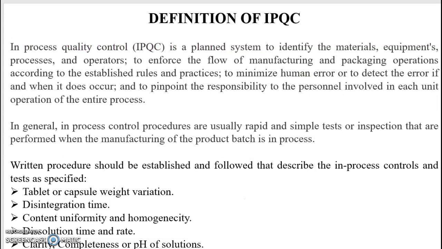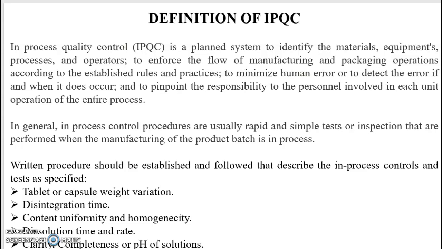In-process quality control is a plant system to identify the material, equipment, processes, and operator to enforce the flow of manufacturing and packaging operations according to the established rules and practices, to minimize human error or to detect the error if and when it does occur, and to pin out the responsibility to the personnel involved in each unit operation of the entire process.